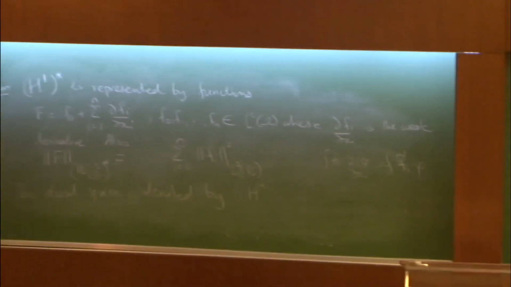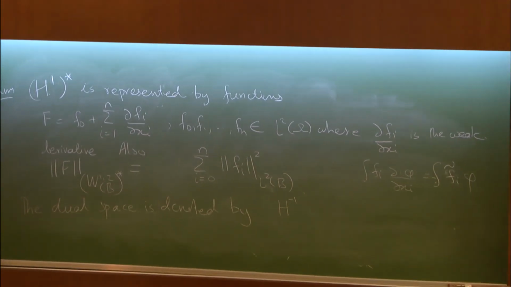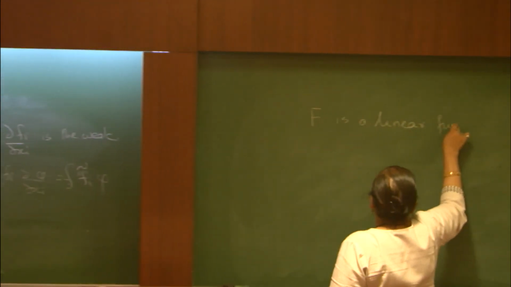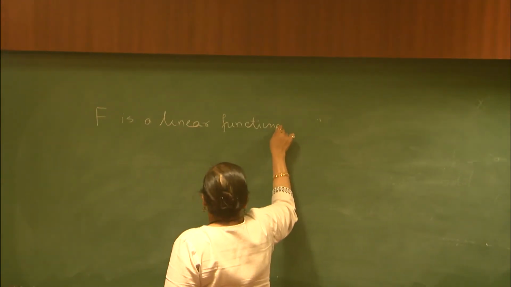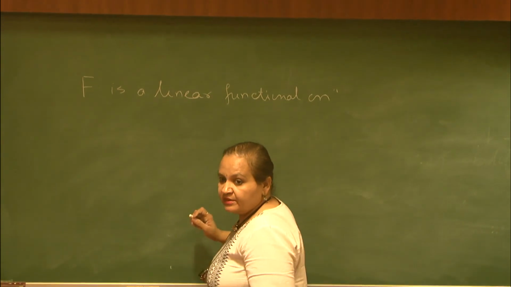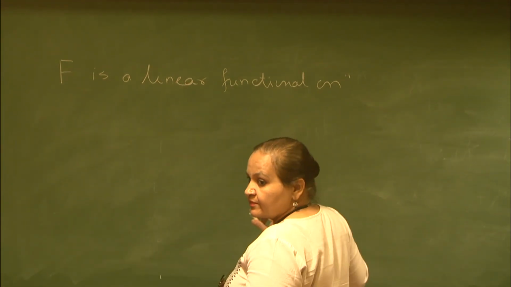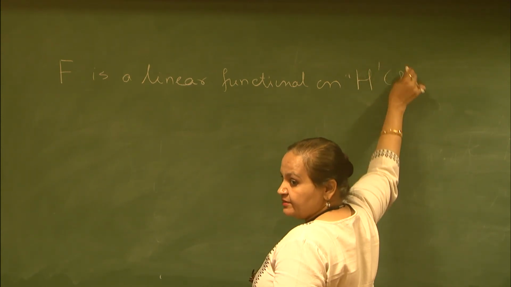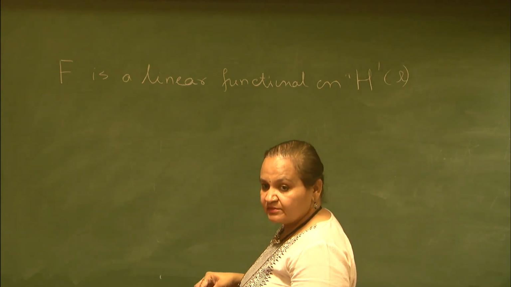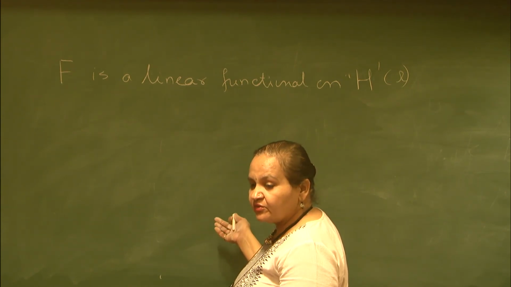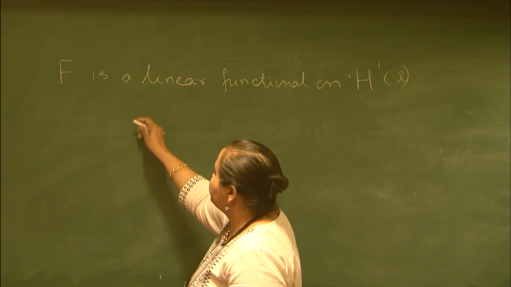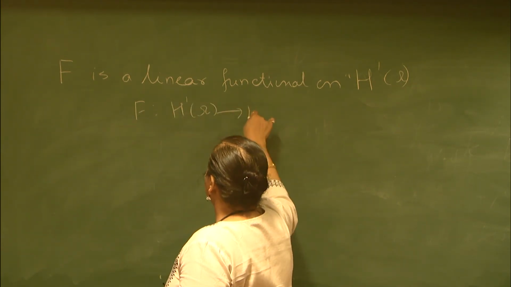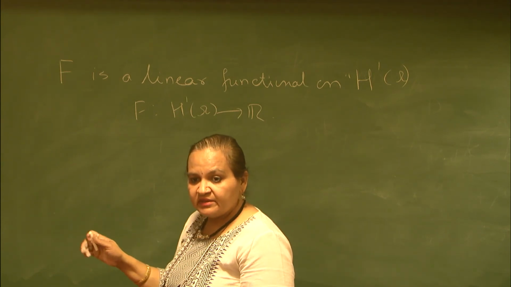So what do we have? We have f is a linear functional on H^1(Omega), right? What does it mean? A linear functional is a linear map from H^1(Omega) to R. So what does this representation theorem say?